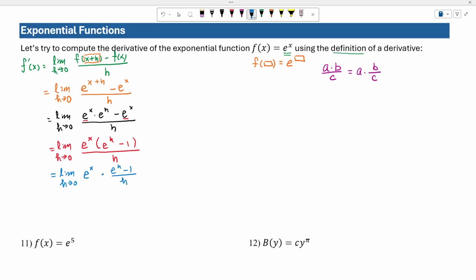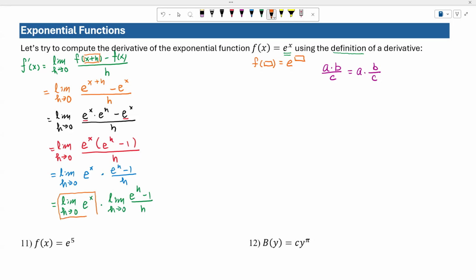Then now, the limit law tells me that I could rewrite this into the multiple of two limits.